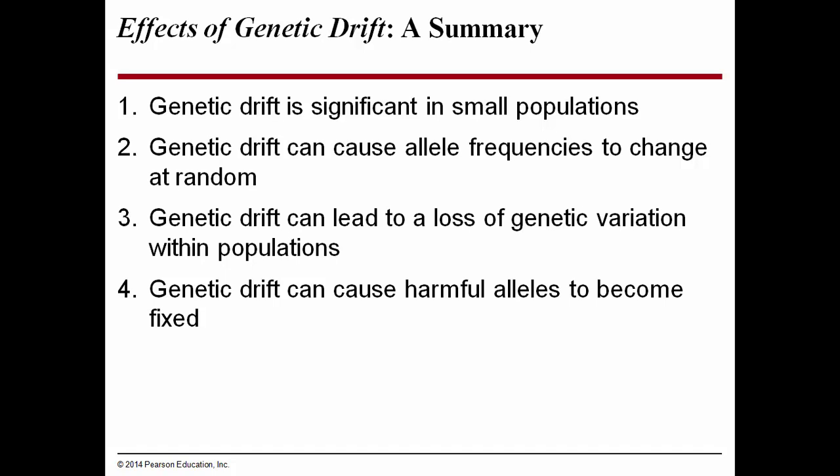Genetic drift is significant in small populations. Genetic drift can cause allele frequencies to change at random. Genetic drift can lead to a loss of genetic variation within populations. Genetic drift can cause harmful alleles to become fixed.